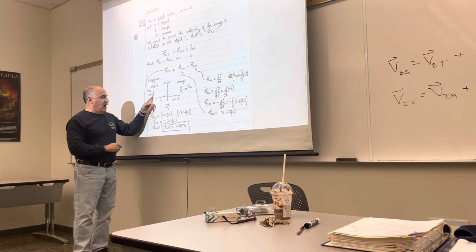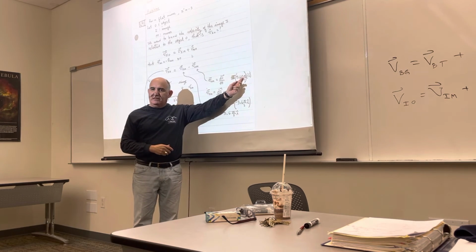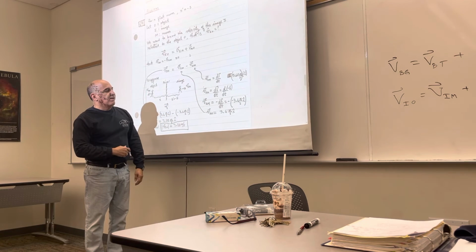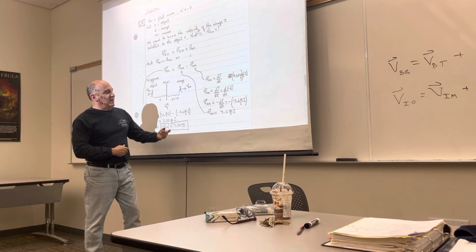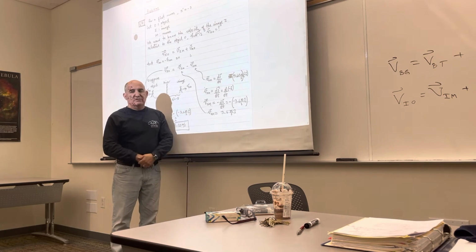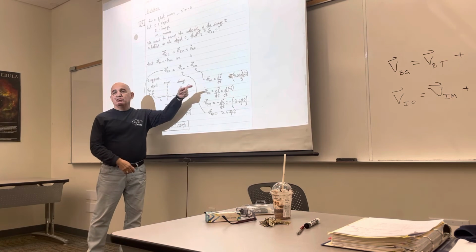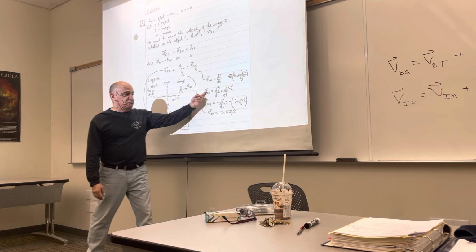So the velocity of the object relative to the mirror, the magnitude of that vector is 3.6 meters per second to the left. But then what is the velocity of the image relative to the mirror? Well, the image is going this way, and it would have to be going at 3.6 meters per second i hat to the right. You can just write that directly.